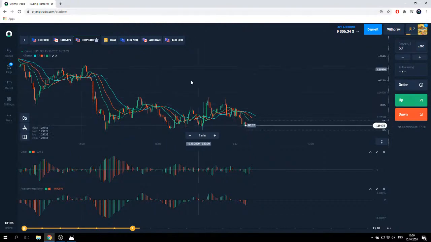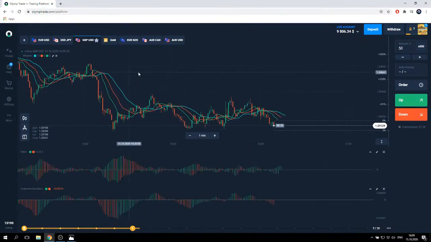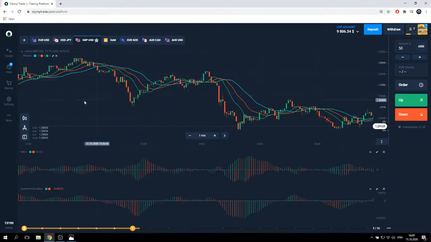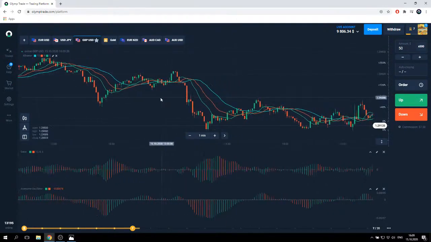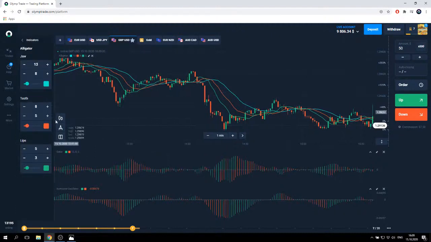If I start with the alligator, it's very simple, guys. Once you go to the settings, you just need to concentrate on the jaw. Here you see the jaw line, and I'll make it thick for you so that you are able to understand this line, which is a little bit bold, sky blue line, right?